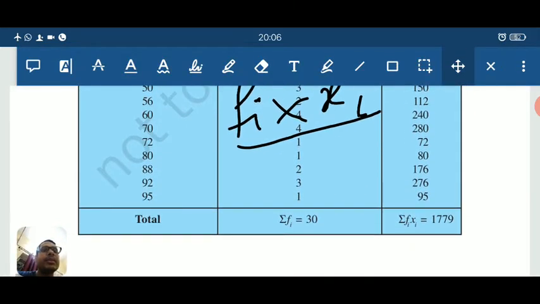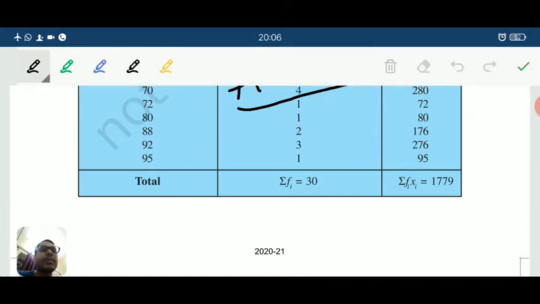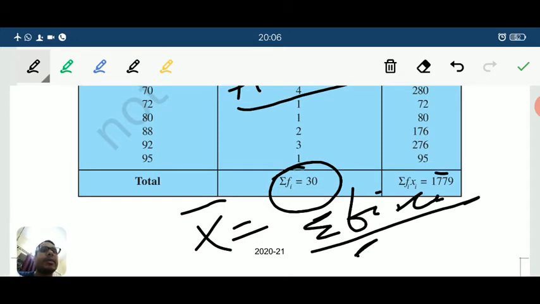Moving further, now here the summation comes. If we add all together, sigma of fi will give you 30, adding all frequencies, and sigma of fi xi will give you 1779. So how do we find the mean? Now it's very clear that the mean is given by the formula x bar is equal to sigma of fi xi divided by sigma of fi.